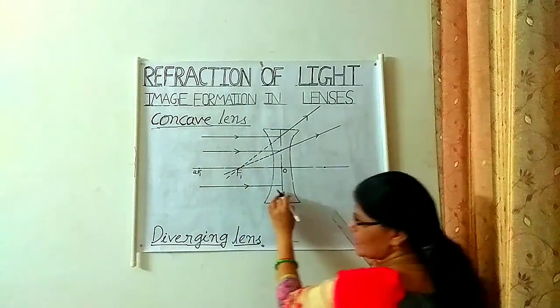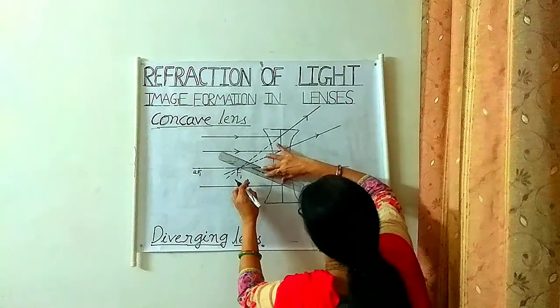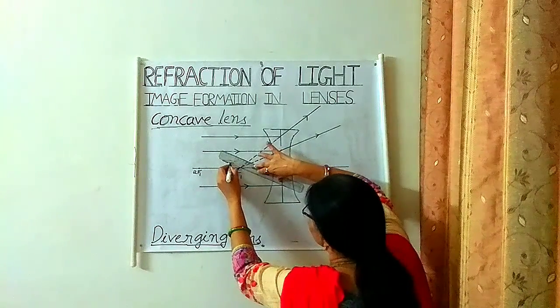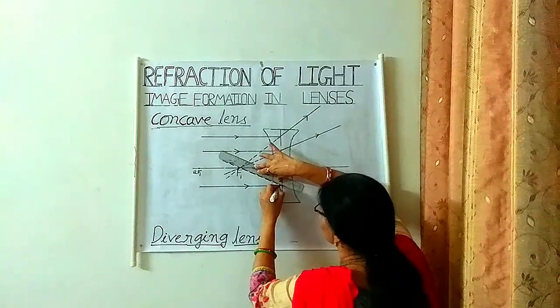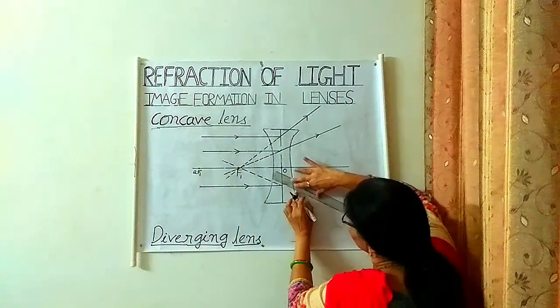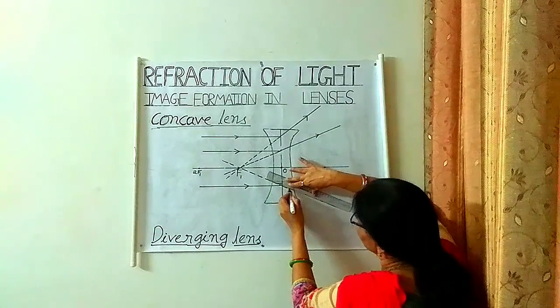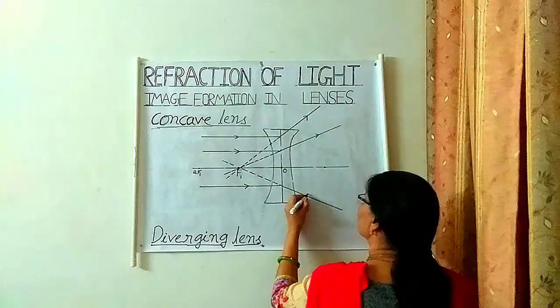Same way, if this ray is incident, it will also pass through the principal focus, and we have to draw dotted lines and extend this line on this side. This is our refracted ray.